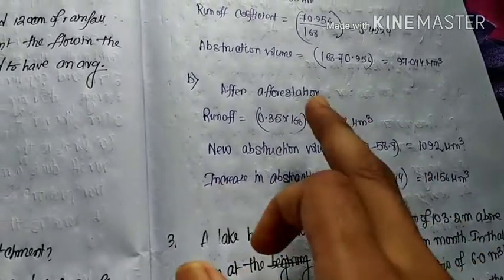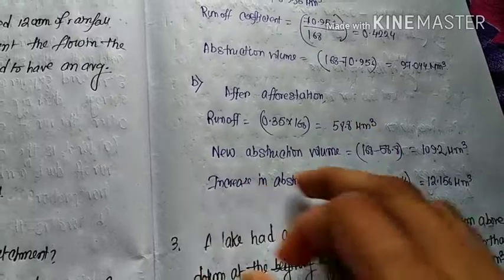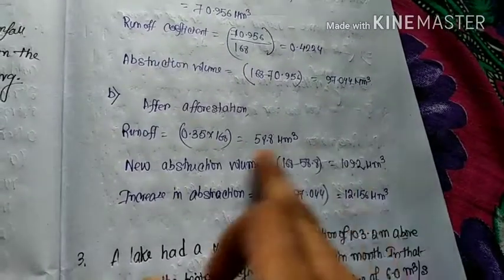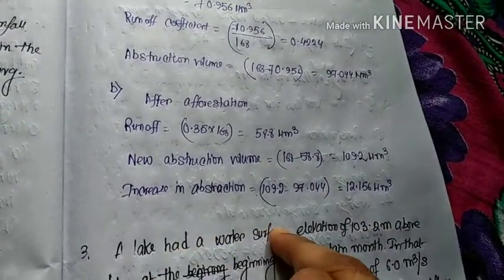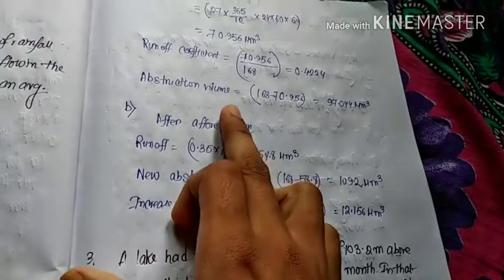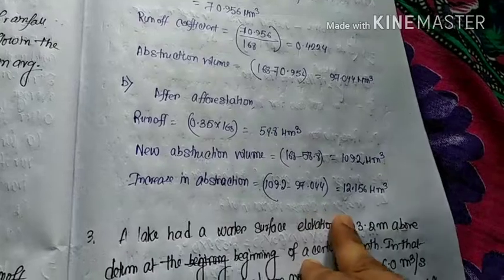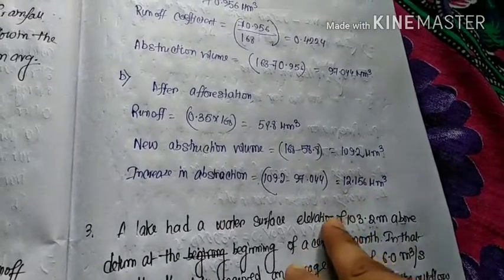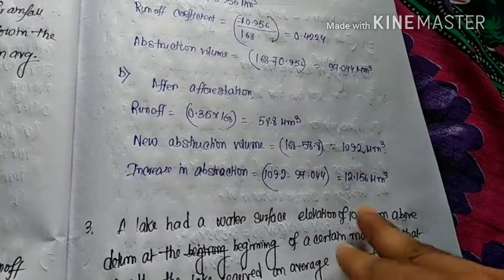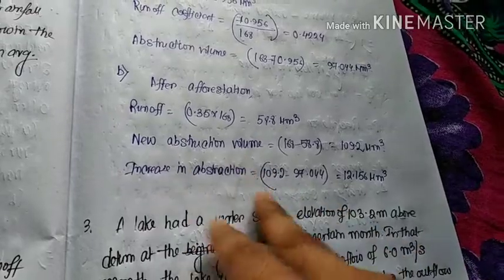New abstraction value: if we subtract that from that, you can get the new abstraction value. There is an increase in the abstraction. The previous abstraction is less, and now the abstraction is more because of the runoff, so we can get this answer, right?